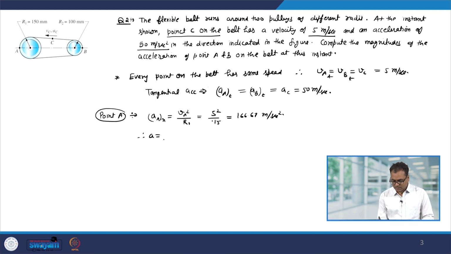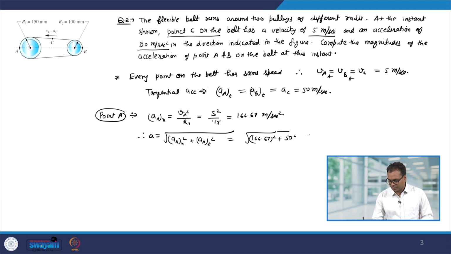Therefore, the total acceleration of A will be the square root of A normal component square plus A tangential component square. That means it is 166.67 square plus 50 square, that gives you 174 meter per second square.